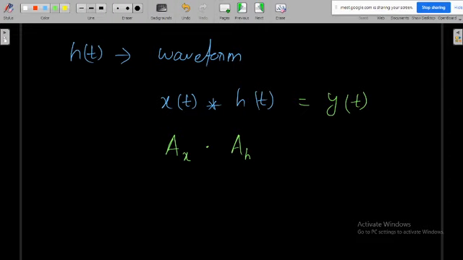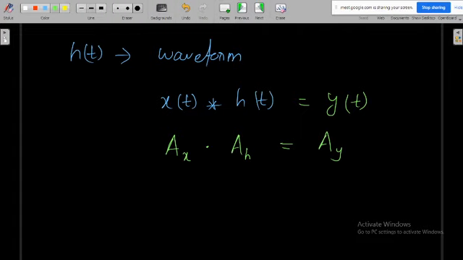It is not a signal, it is a system, but it is also something like a waveform. Once it is a waveform, you can calculate the area. The area under the output signal is ay. For any system, this relation will definitely be satisfied.